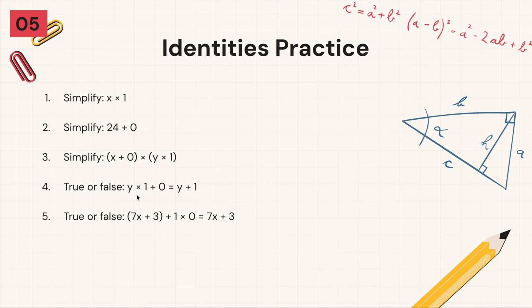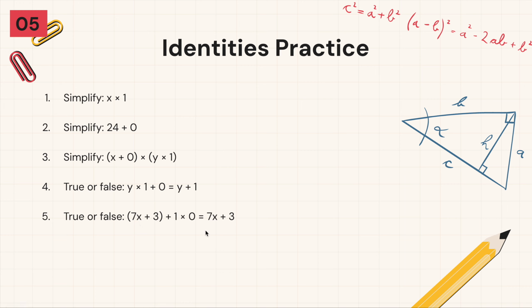Okay, parentheses 7x plus 3 plus 1 times 0 is equivalent to 7x plus 3. Well, you first want to start off with this multiplication here because you can't do anything inside the parentheses with this variable, so you want to start off with the multiplication.